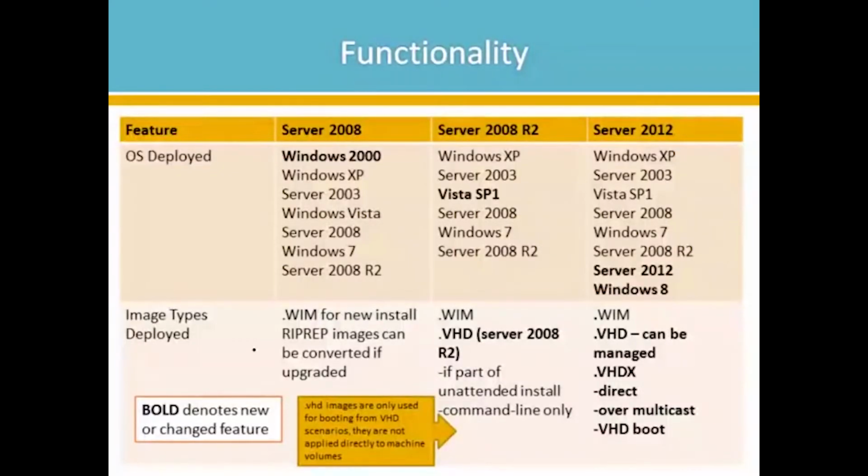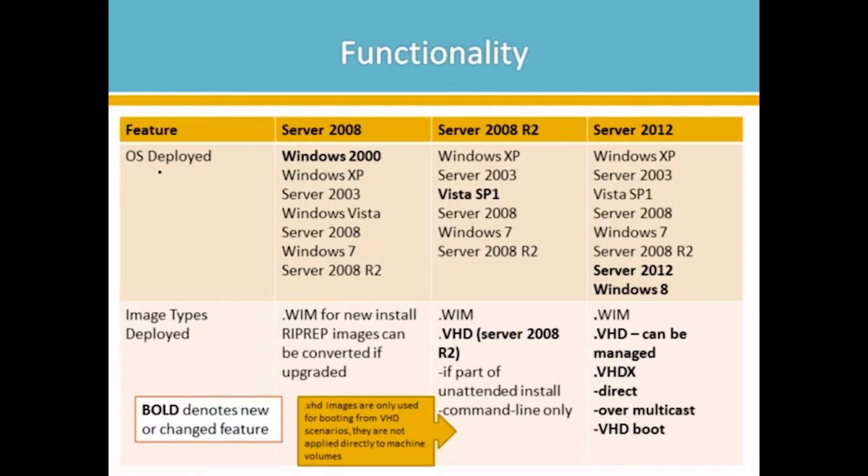We have a few slides here that I've titled Functionality, and I kind of left out some of the older operating systems like Vista and Windows XP. Technically, if you go up to Microsoft and look for some of this information, it's still out there, and we can certainly deploy a Windows XP workstation. But just in the matter of time and focus of the class, I'm focusing on the functionality of what we would consider recent operating systems.